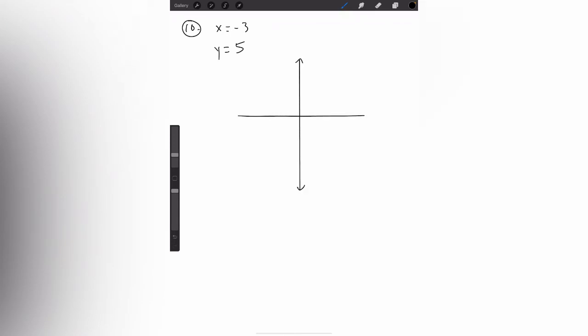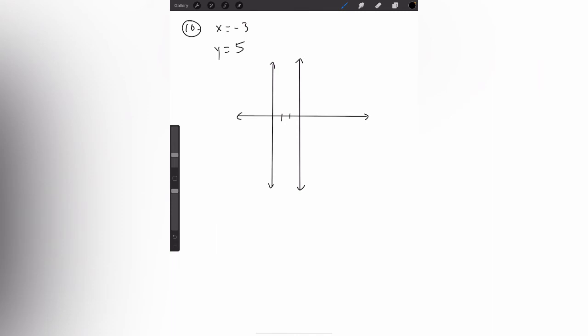Ready? So if I went through here and drew it like that, and I said x is equal to negative 3. That means I just say 1, 2, 3, and I draw a straight line right through that.